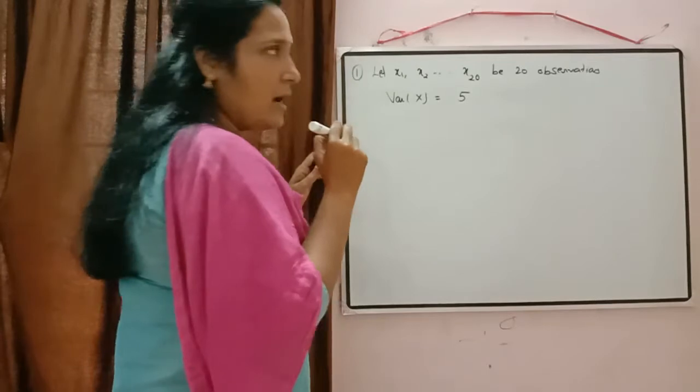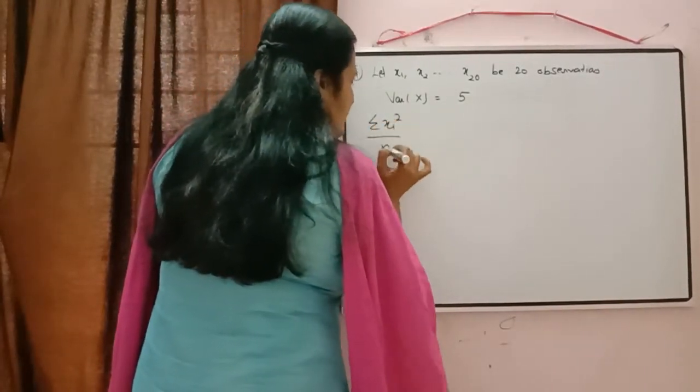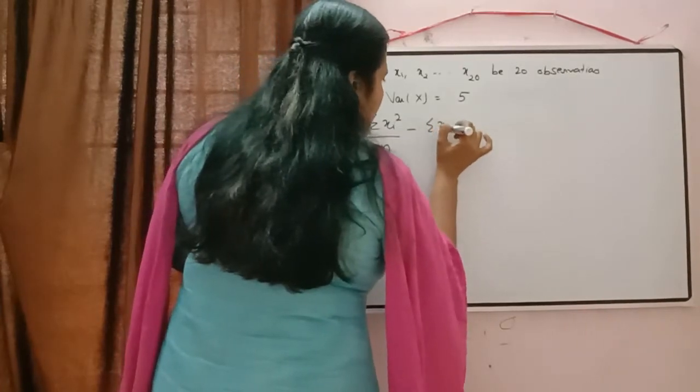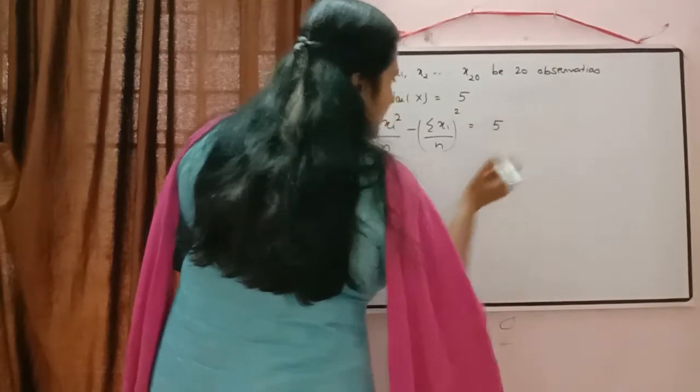According to the formula, how do we write variance? That is equal to sigma xi square by n minus sigma xi by n the whole square, equal to 5.